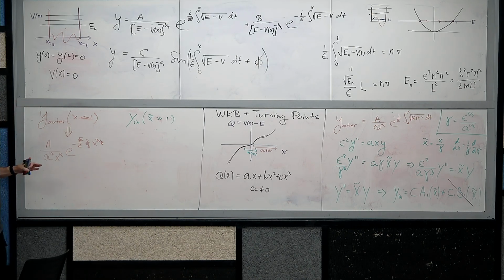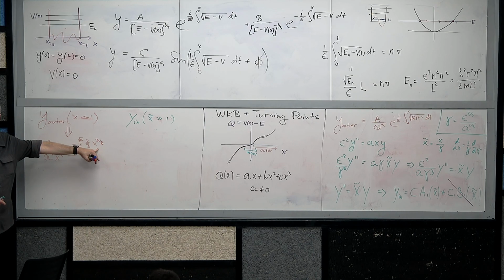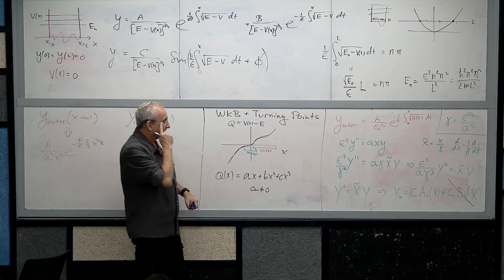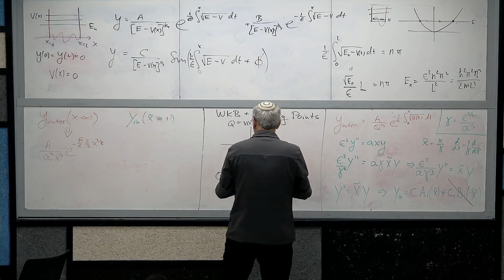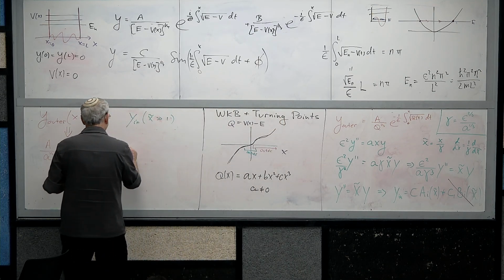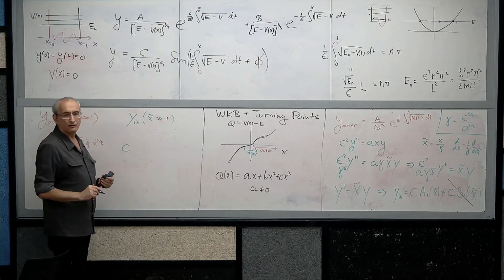And now life appears a little bit nicer to us. Why? That's Airy. Because this is a form we know, the asymptotics of Airy look like that. Right? Okay. So now let's go to the inner. We have C. Now what is the asymptotic of the Airy?